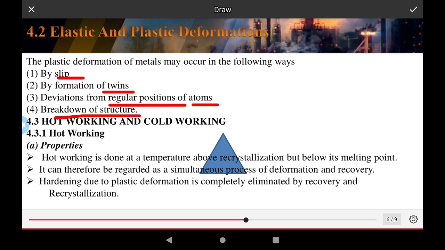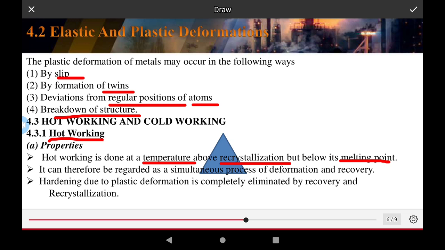Hot working and cold working. Hot working is done at a temperature above the recrystallization temperature but below the melting point of the metal.